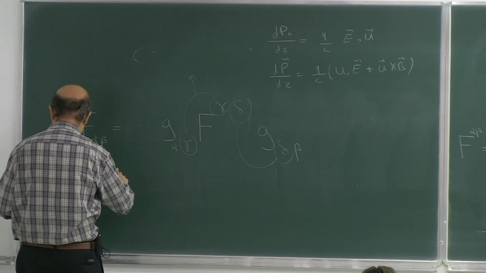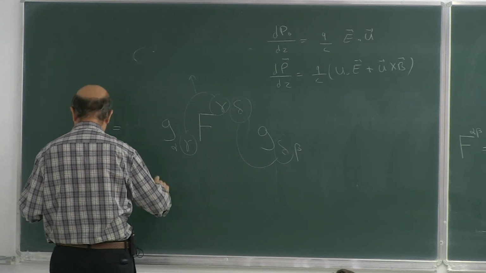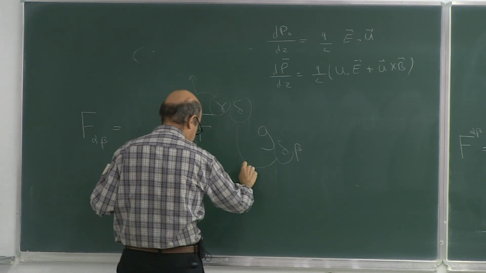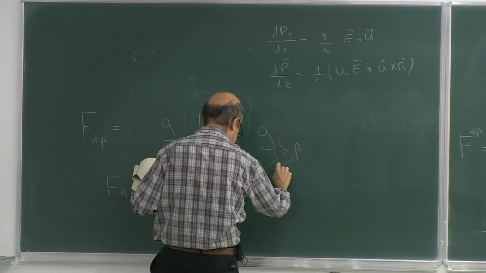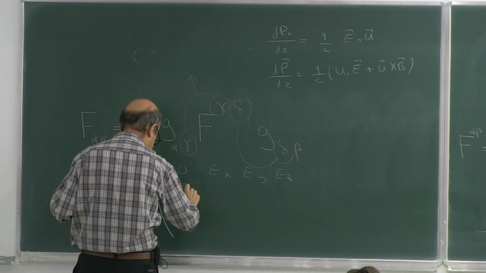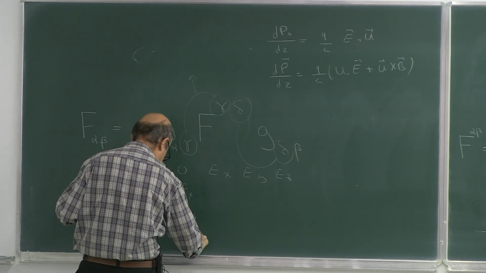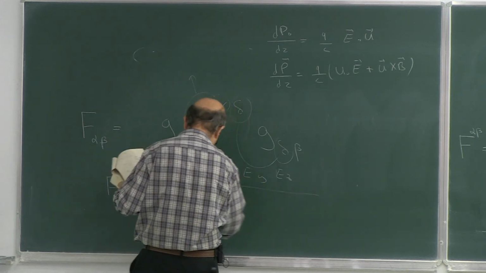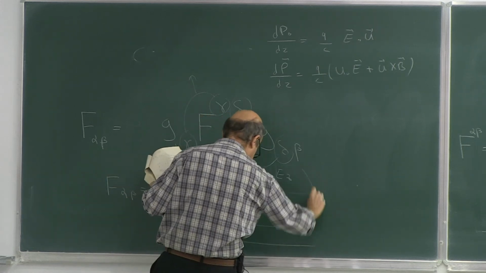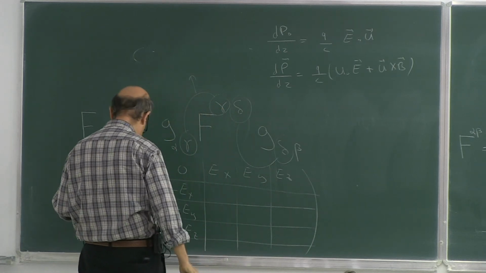So F alpha beta will be the following: 0, EX, EY, EZ, and in the first column minus EX, minus EY, minus EZ. So divide this again into cells, and replace everything.